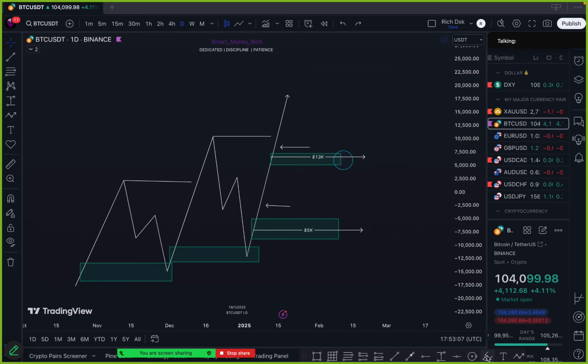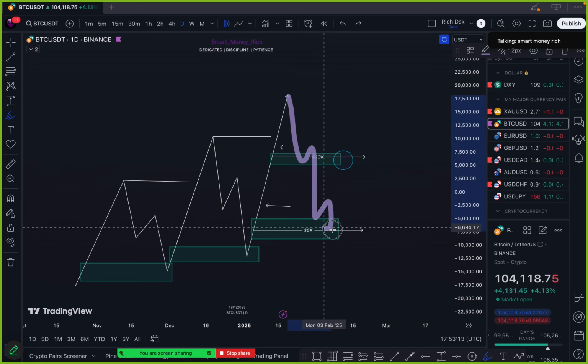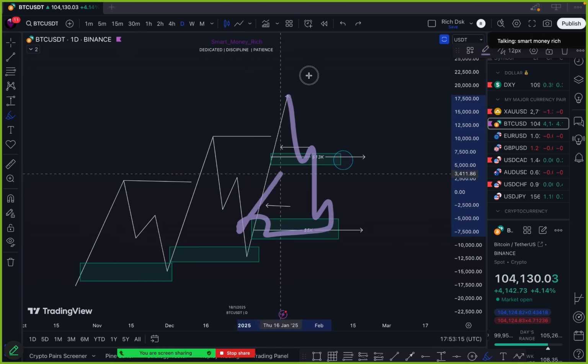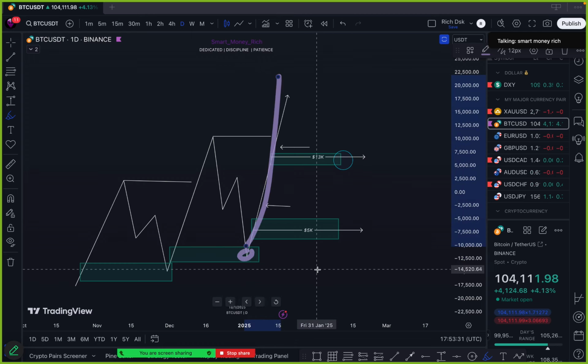When I mean it has to do a deeper pullback, I mean price has to pull back all the way to the origin, to where this impulse to the upside started from. You are getting me, guys? So let's say, for example, this be the low before this impulsive move to the upside.